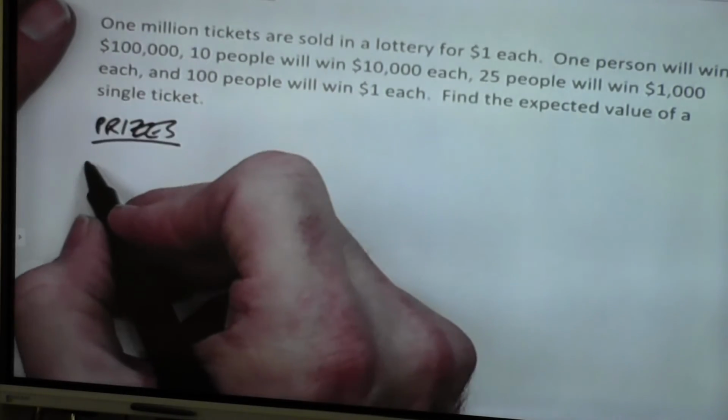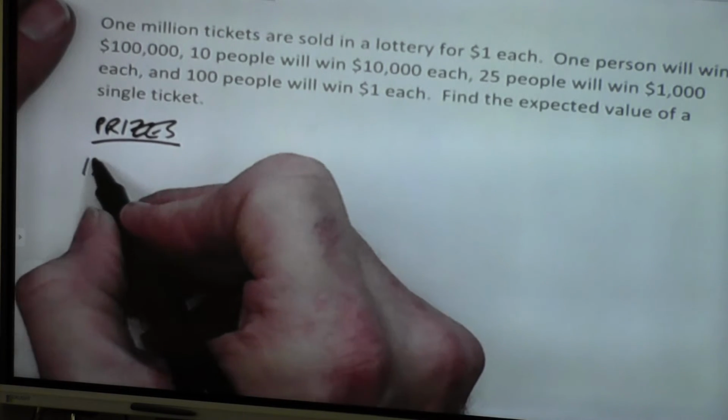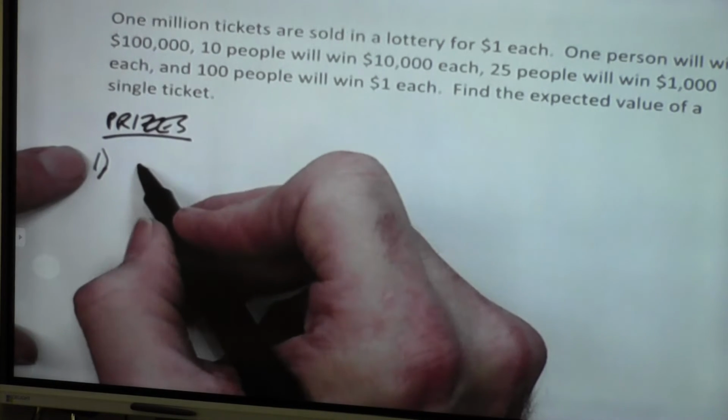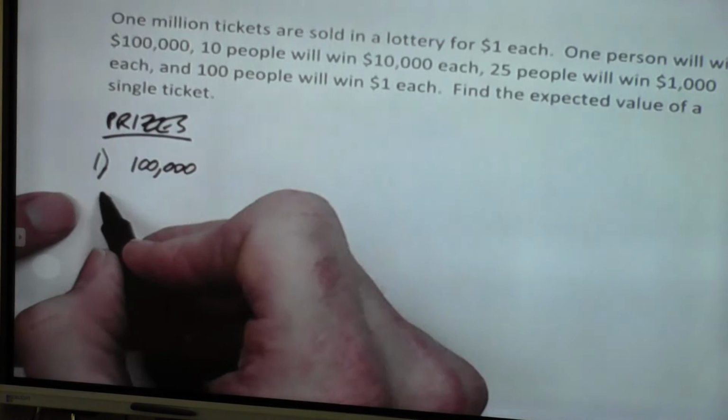So I'm going to say that there's one prize that is $100,000.